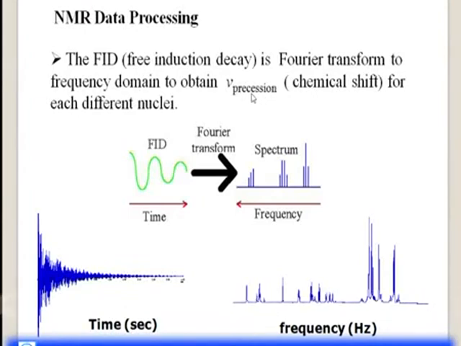Precession is the condition when the frequency of the precession motion and the frequency of the radio wave, the electromagnetic radiation we apply to organic molecules, come into resonance. That is called the frequency of precession. It is different for each nucleus, and after Fourier transform you observe this kind of spectrum in NMR.